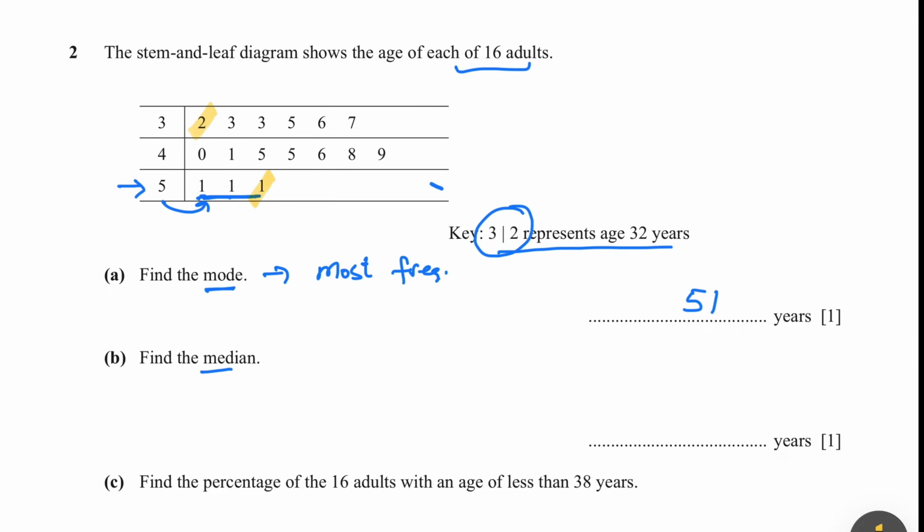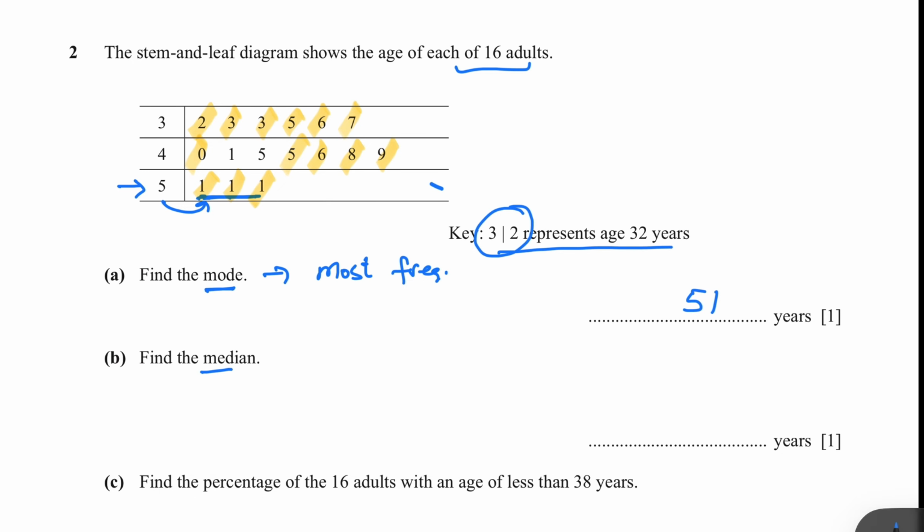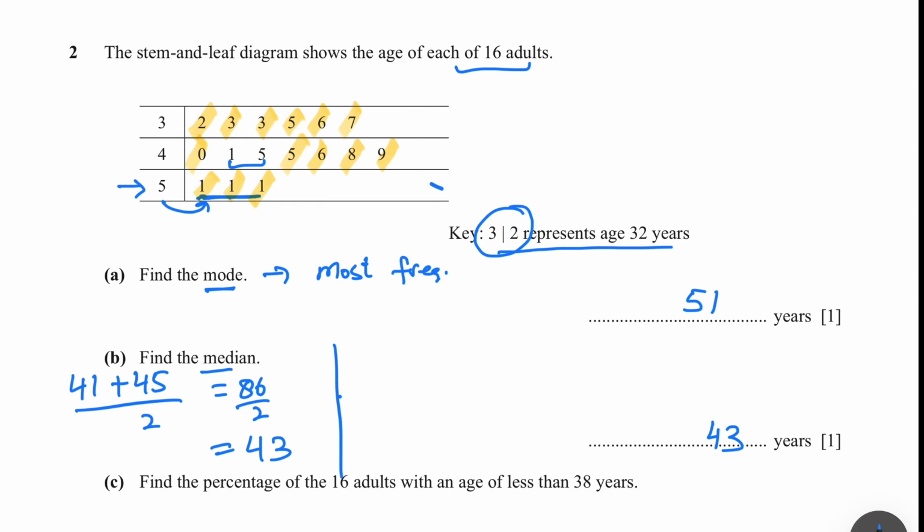First last, second last, then second last, third last, fourth last, fifth last, like this. You continue this way, and then we are left with 41 and 45. For the median, we add both of them and divide by 2. So this is 86 divided by 2, we got 43. So 43 is our final answer.